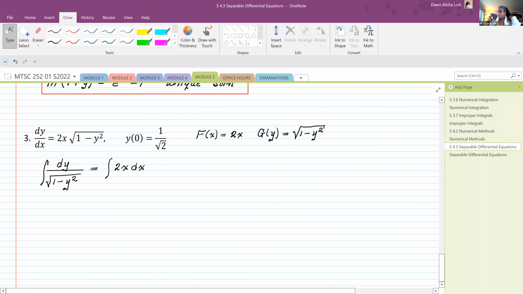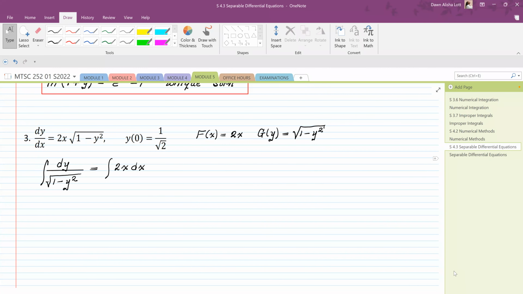How do we integrate the left-hand side? It is a known integral. I'll give you even more of a hint: it is an inverse trig function. Arc sine. Okay, so who's talking? Victor. Hi, Victor.